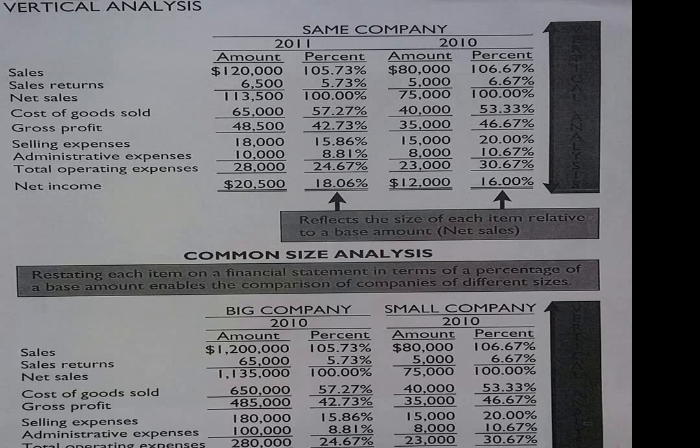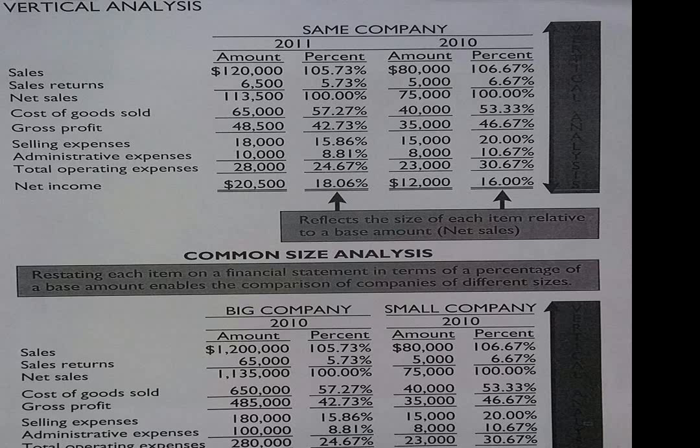Then we can compare all the figures, sales and sales returns, selling expenses and administrative expenses, and then we can get the net income for this year. So we can make the comparison for the same company between 2 years.